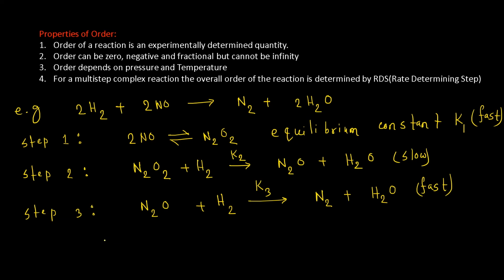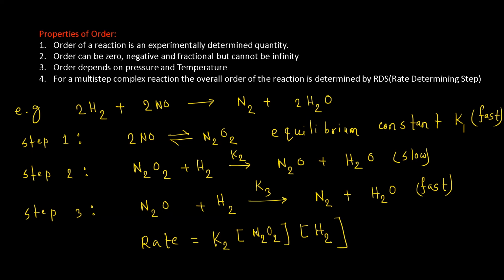So from step 2, we can write rate is equal to rate constant K2 dot concentration of N2O2 multiplied by concentration of H2.